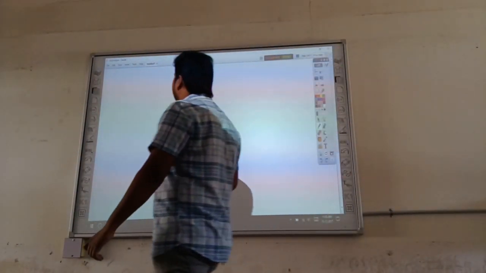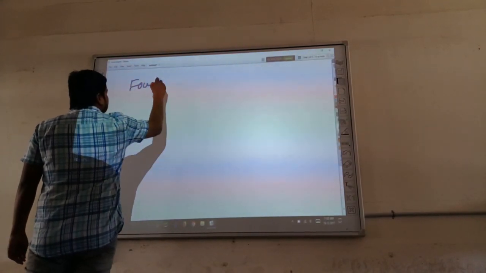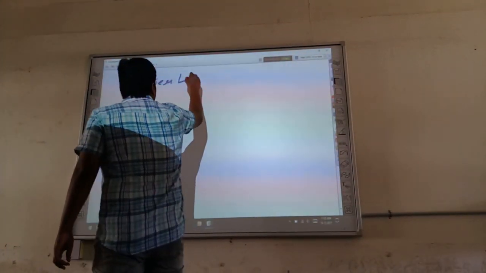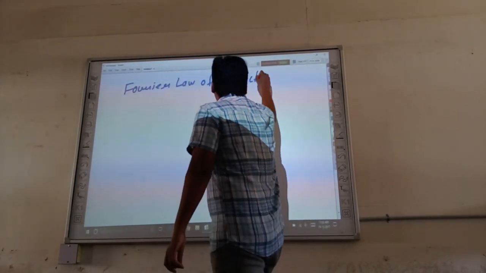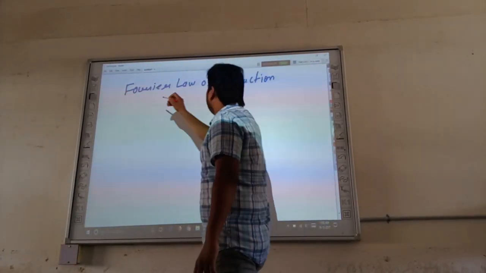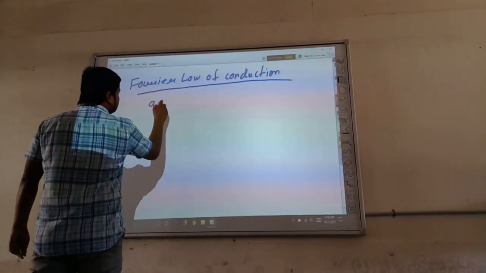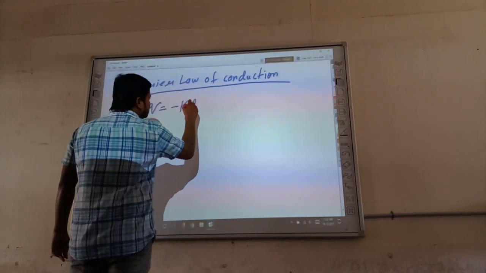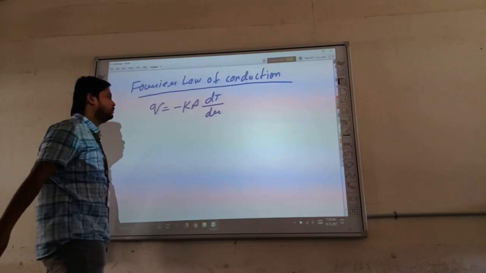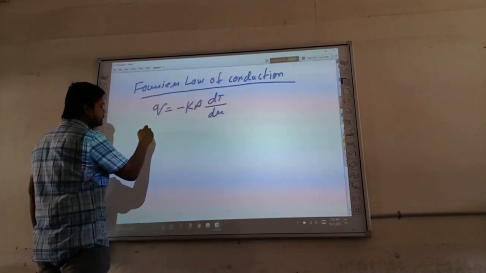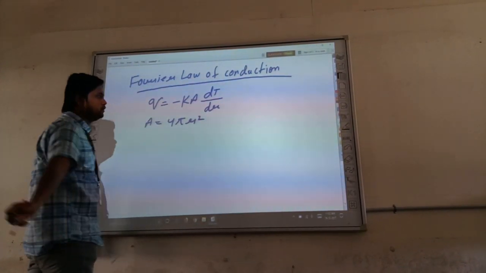Now Fourier law of conduction. It was Q is equal to minus K A dT by dr, and A is 4 pi r square.